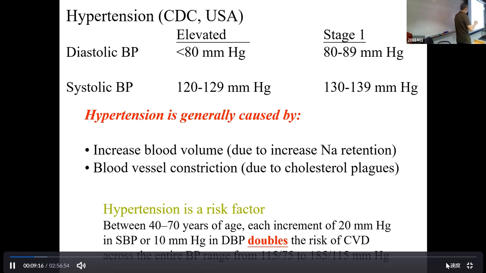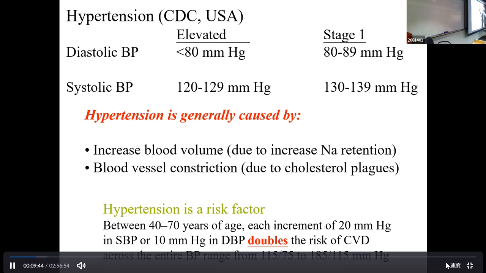Now, when we say sodium, we always worry about too much sodium, which in fact is true, because in most of the population, sodium intake is very much higher than what is needed. This is the general definition for hypertension, as outlined by the Center for Disease Control.